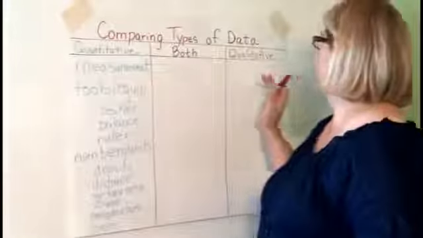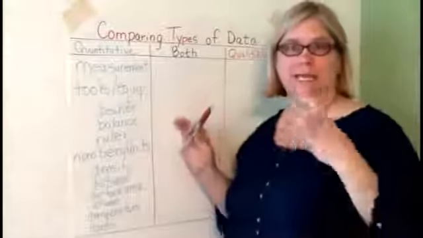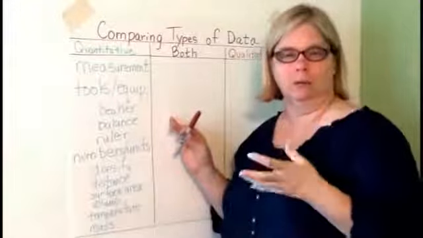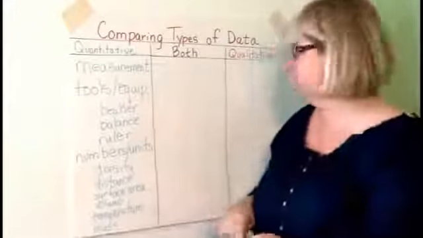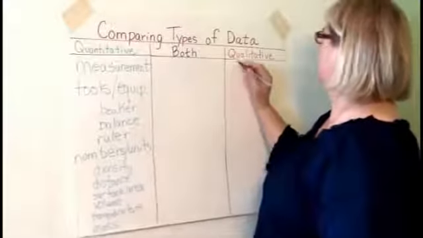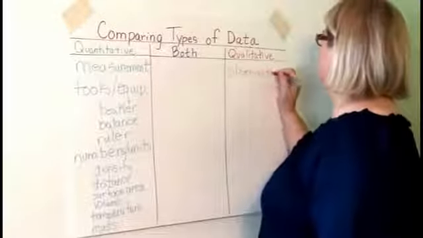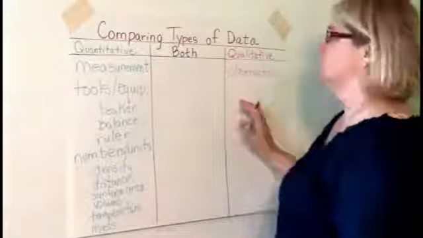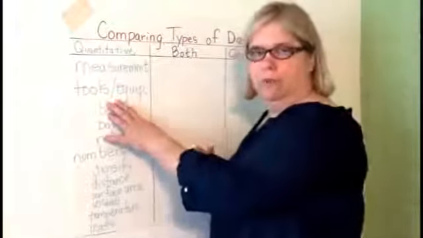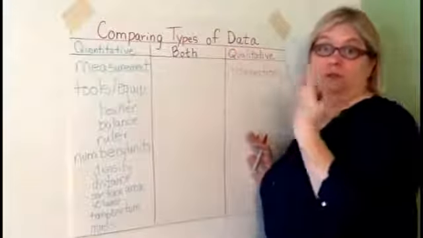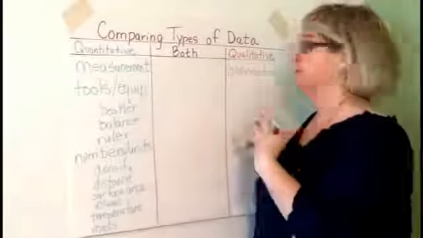All right, moving over here to qualitative. Remember, we're thinking language arts. It's the quality of something, the essence of something. So with qualitative data, generally we're doing what we call an observation, or making observations. And when we make observations, we're not using tools and equipment so much. We're using the tools and equipment that we have on our body, our 5 senses.